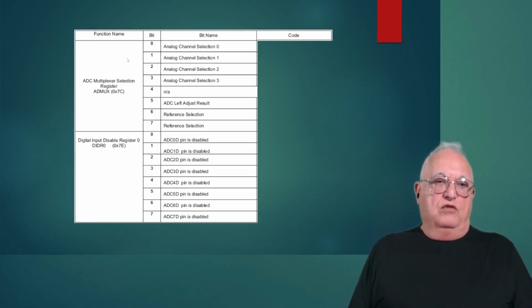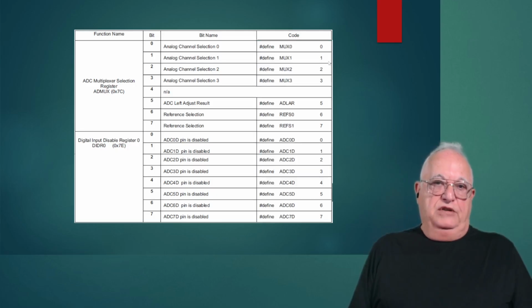Next, this has the function name, which is the register, and this is the bit name associated with each bit in the register. And based on that, I write the code. And this is the code that I'm going to put together to create the framework.